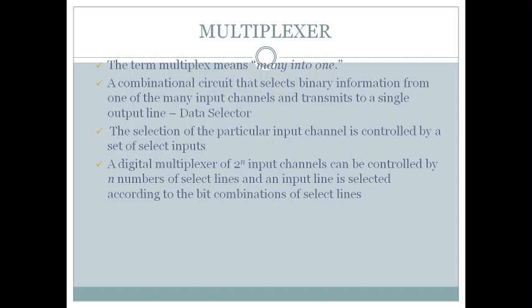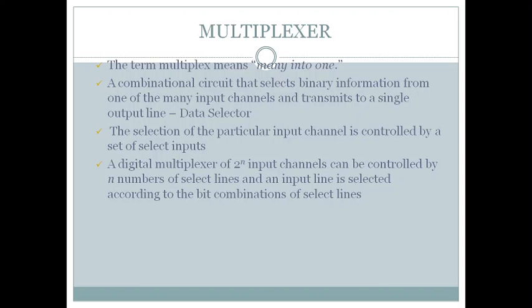So in the same way, you can say that a digital multiplexer of 2 power n input channels: with one select input, it can control two channels. If there are two select inputs, it can select one out of the four channels, or control four channels.